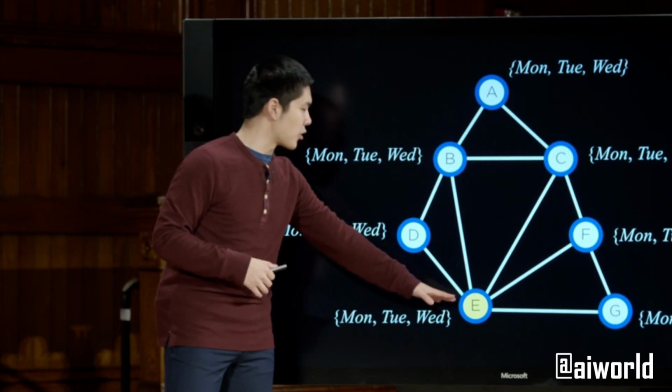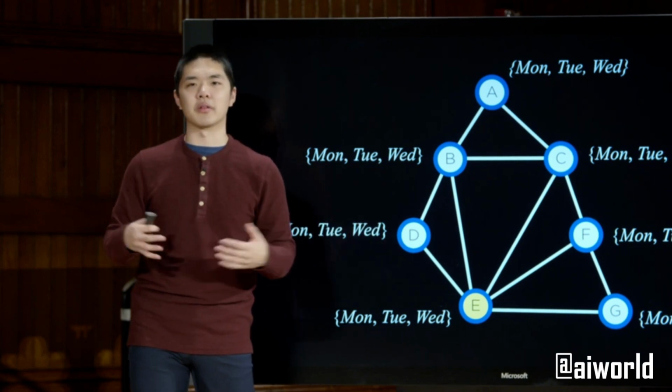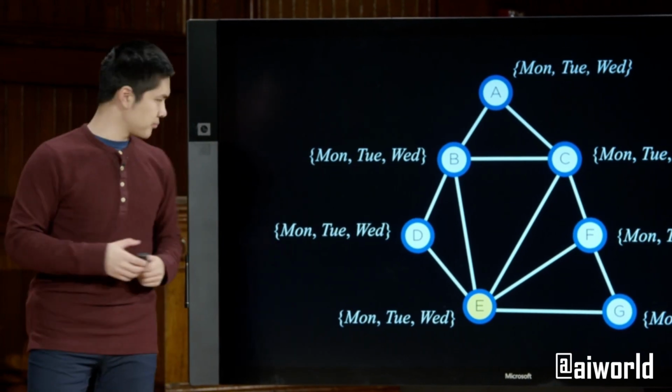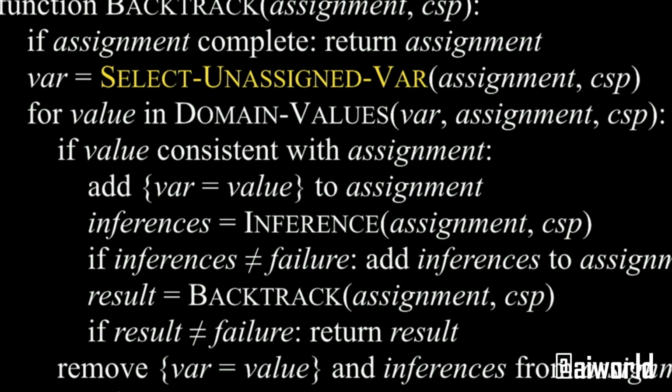Just by starting with a node that has a high degree, that is going to very quickly restrict the possible values that other nodes can take on. So that then is how we can go about selecting an unassigned variable in a particular order. Rather than randomly picking a variable, if we're a little bit intelligent about how we choose it, we can make our search process much, much more efficient by making sure we don't have to search through portions of the search space that ultimately aren't going to matter.